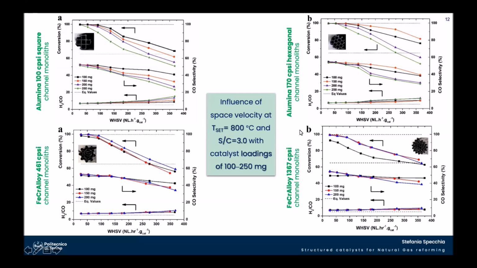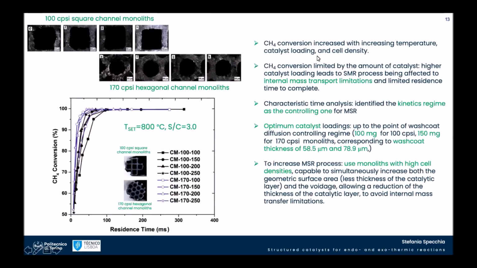So it means that it is not necessary to overcharge, because we are not able to use all the catalyst in the thickness, because then it means that we have some problems of mass transfer, internal mass transfer. And also here, we were able to evaluate the residence time in the catalytic monoliths for those conversions.